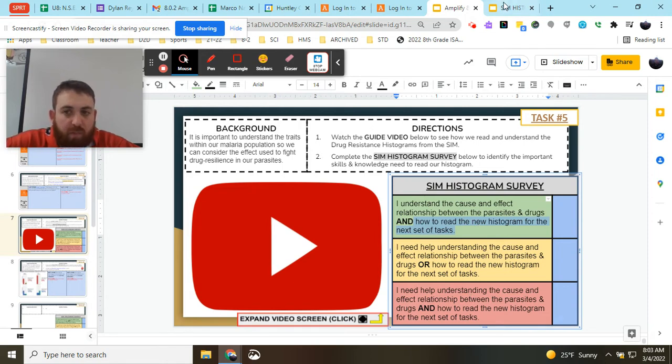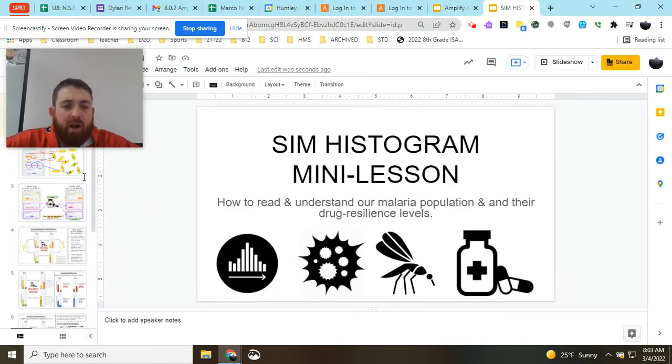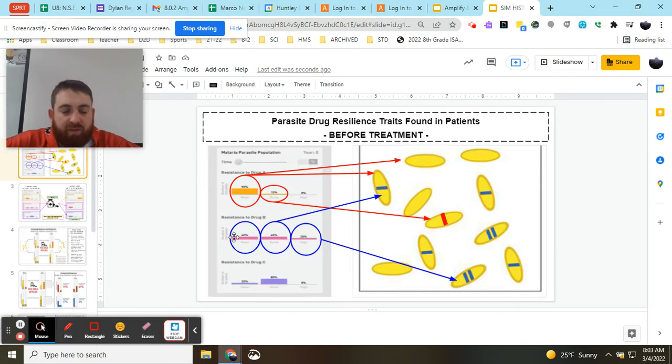So in our reading, you came across this histogram, which shows the malaria parasite population. Now, this data came from scientists collecting the number of different resilient types found to each of our drugs within our parasite population.